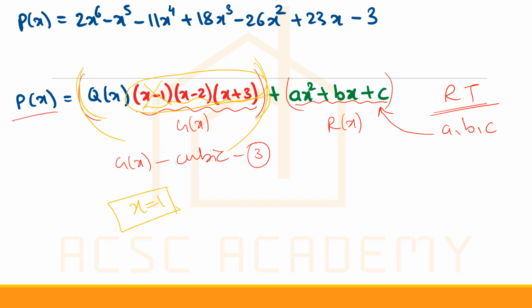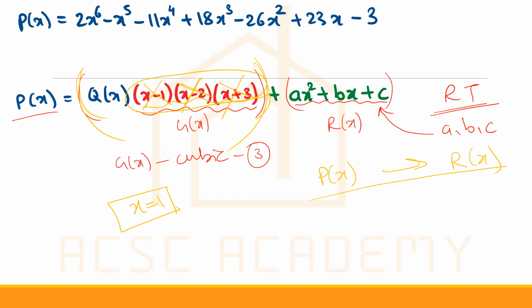Similarly, if we substitute x equal to 2, then this second factor will become 0, and as a result of that, the entire product term will be gone. Similarly, if we substitute x as minus 3, then the third factor will become 0, and as a result of that, again the entire thing will be gone. And after that, we will be able to relate p of x with r of x.